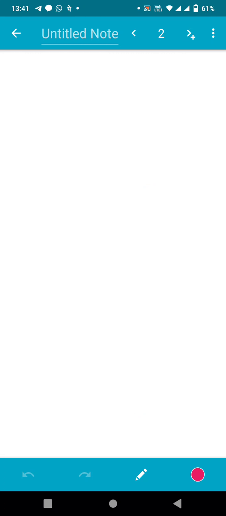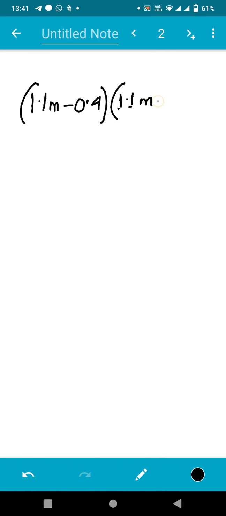We'll write 1.1 m minus 0.4 in the first bracket, and in the second bracket 1.1 m plus 0.4, and this will be equal to a square minus b square.